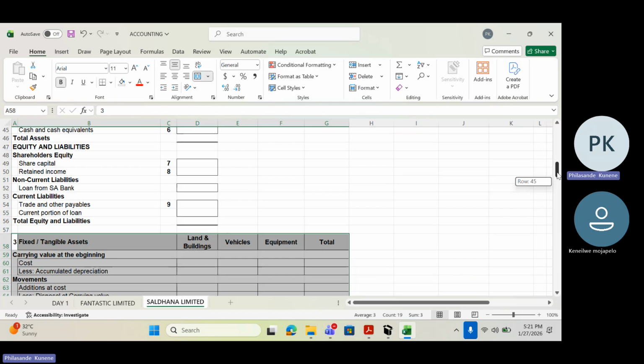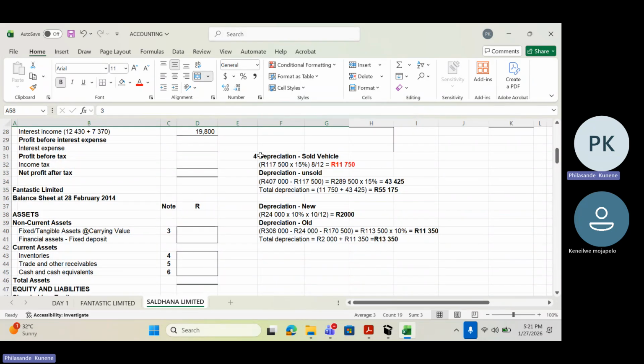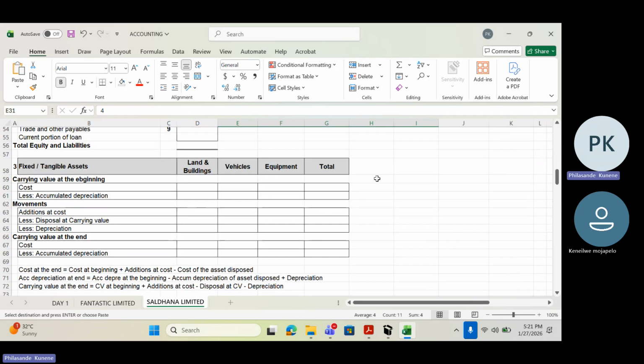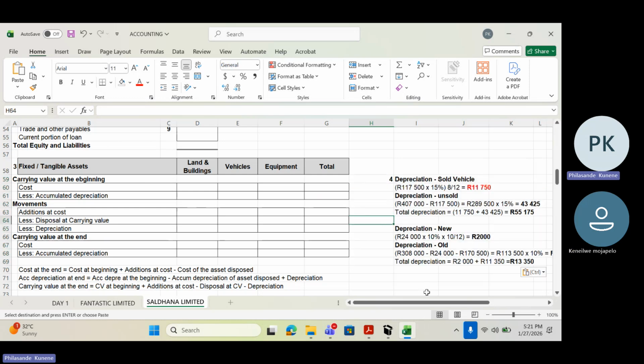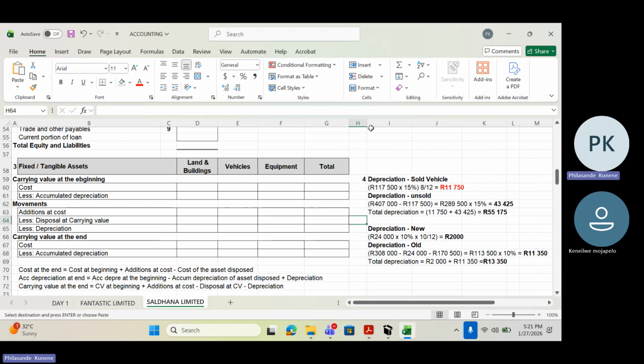Let's see what our starting point is. I'm just going to take this calculation and put it down here by our note. Now, because we do have depreciation for the two, can we plot it in here?